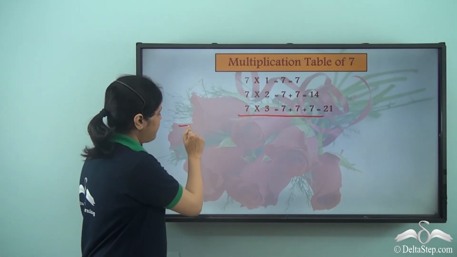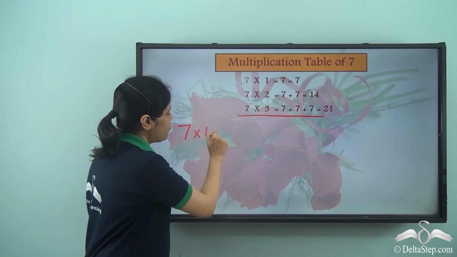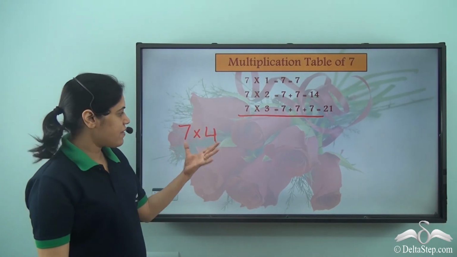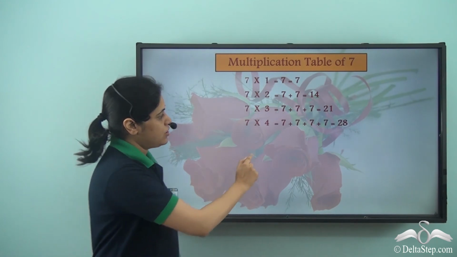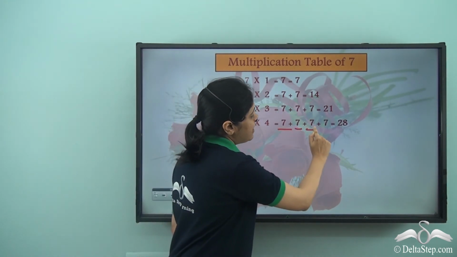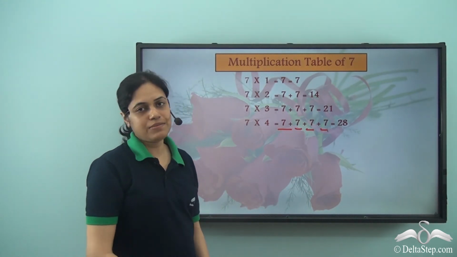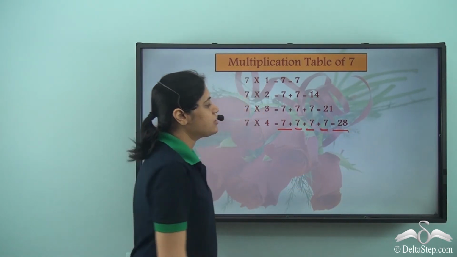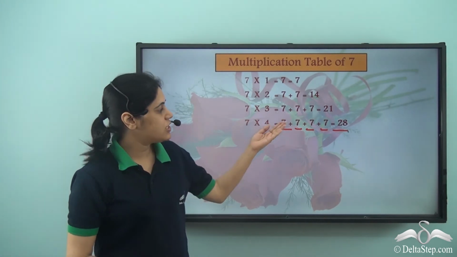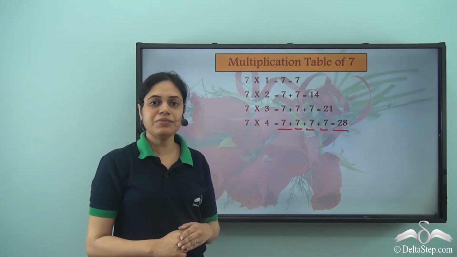Now I have 7 into 4. What is 7 into 4? 7 plus 7 plus 7 plus 7. And if you add 7 4 times, you will see that you get 28. So this is 7 added 4 times.